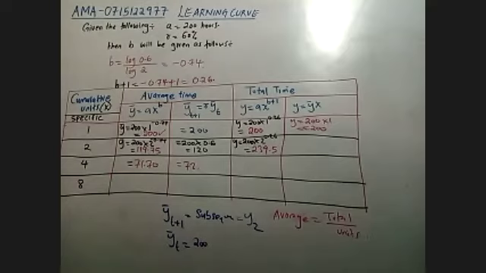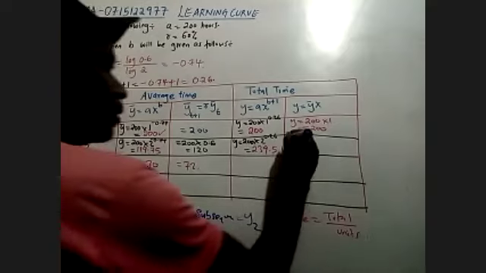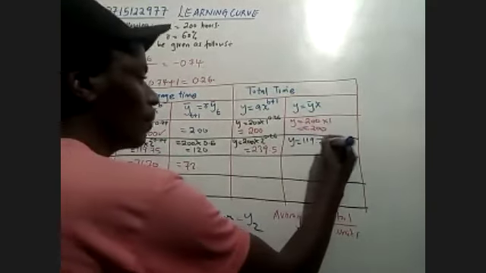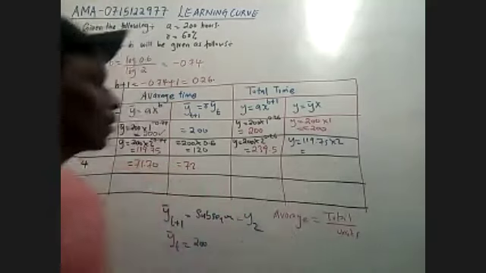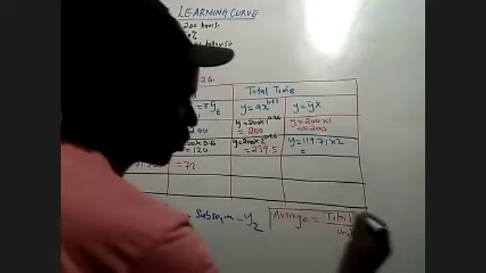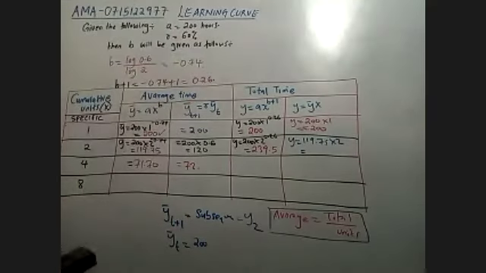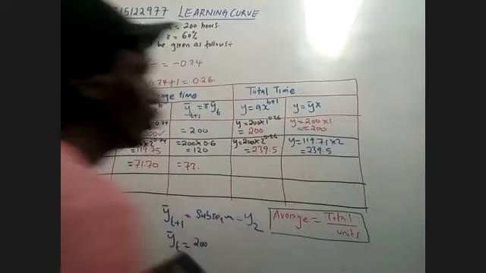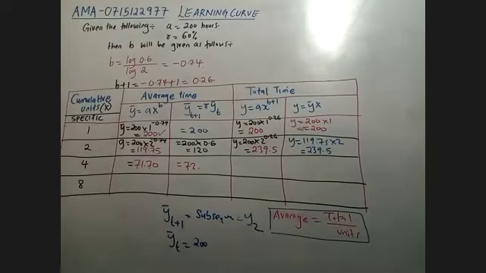The other one, y itakuwa ni 119.75 times 2. So ndio tumie concept hii, the normal concept. So 239.5.